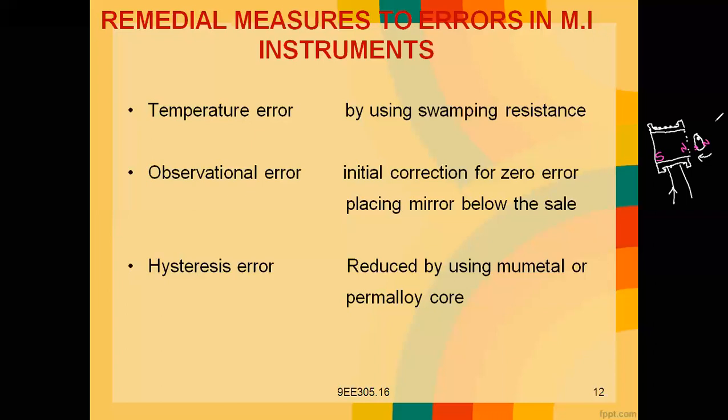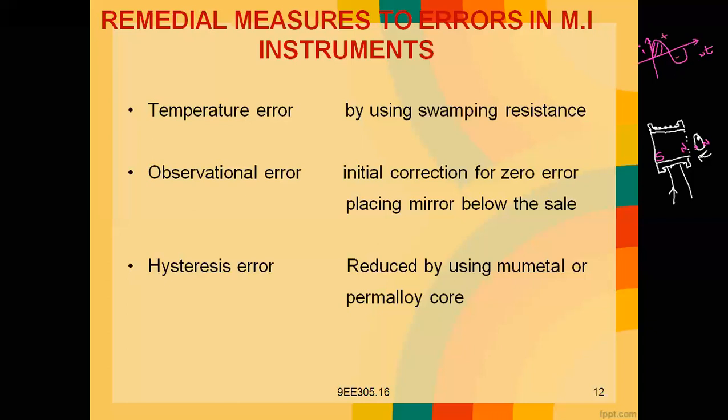When you are trying to measure alternating currents, we have current with respect to time. We will have positive alternation and negative alternation.